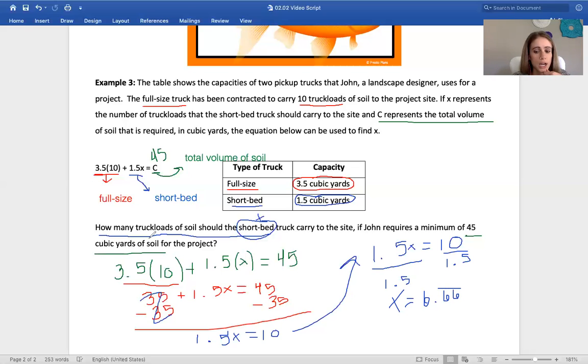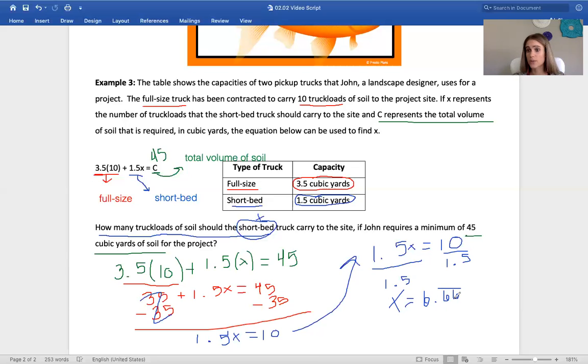So my x represented the short bed trucks. Can I have 6 66/10 of a truck? No, we're not going to chop the back end of a truck off and it's still going to work. So we need to round to fit this problem. Would it make sense in regards to the story for me to round down to 6 trucks or round up to 7 trucks?